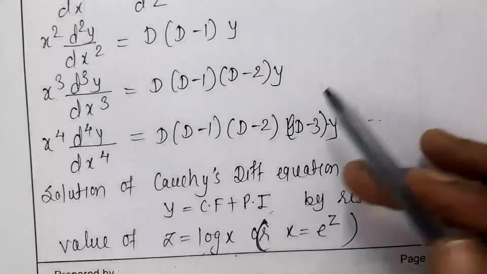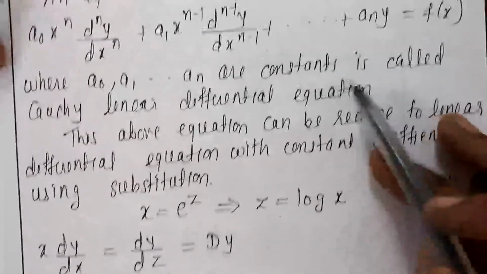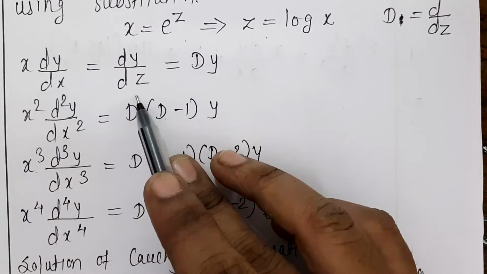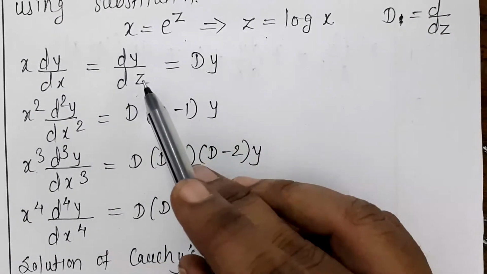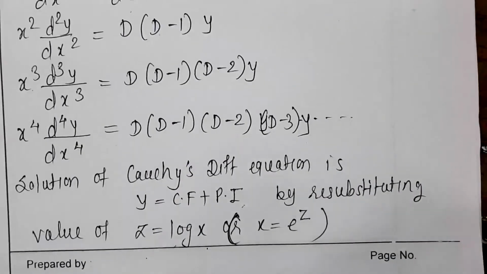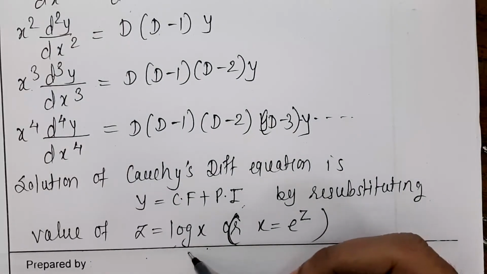So we convert the given differential equation in terms of y and x into terms of y and z, and after getting the solution in terms of y and z, again we convert it in terms of y and x by using the substitution z is equal to log of x.